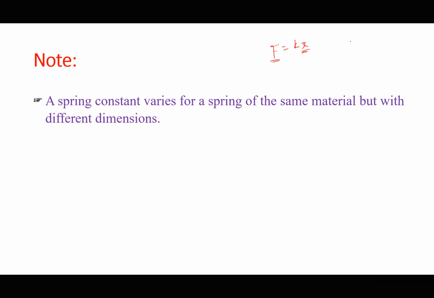We can have springs made of copper, for example. That means springs made from the same material, copper, but they could have different lengths, or different thicknesses. And if the springs have different thicknesses, then the spring constant will be different.